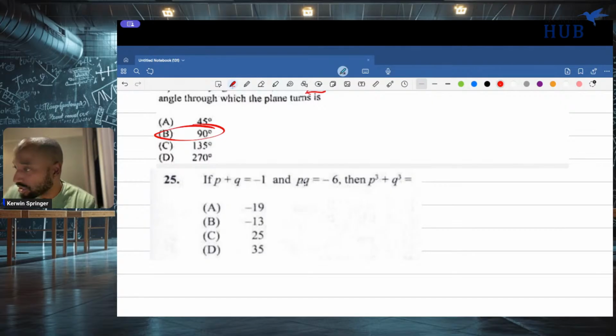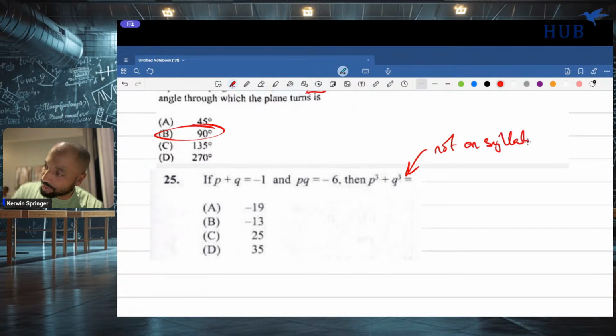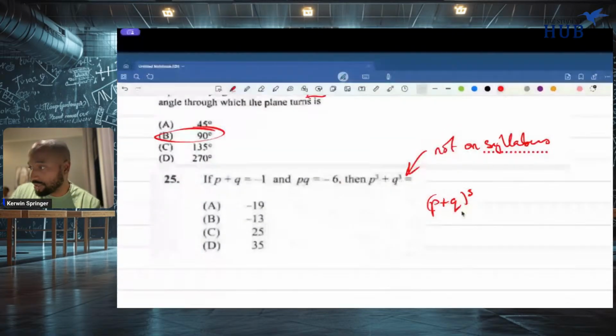If P plus Q is equal to -1 and PQ is equal to -6, P cubed plus Q cubed is equal to what? So this could be the expansion of P cubed plus Q cubed, which is not on syllabus. If you have P plus Q cubed, let me just show you what happens.